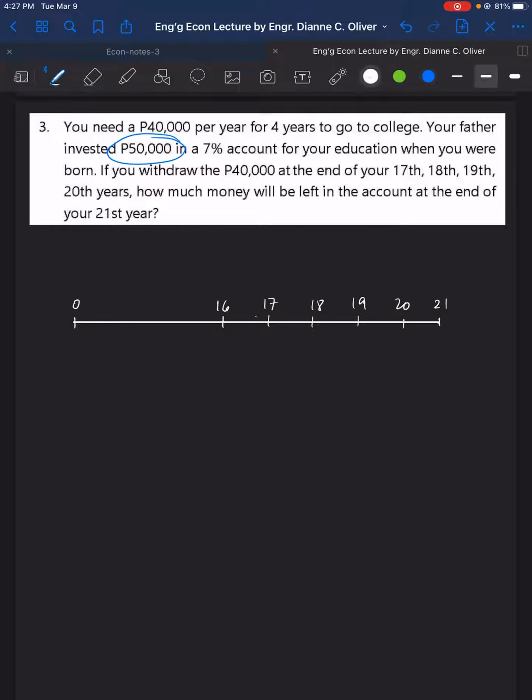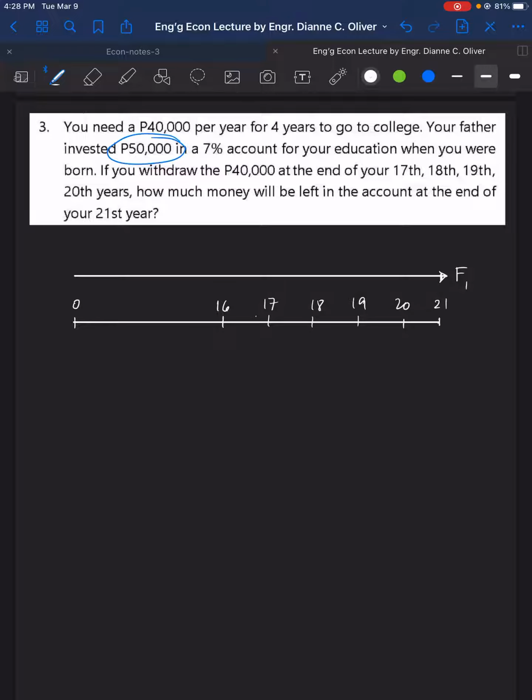So let's have the portion here as the cash inflow, the positive part of the cash flow. So let's say that without touching the money, how much is your money in your 21st year? So we will be looking for the future worth here. Let's put here the future worth 1.